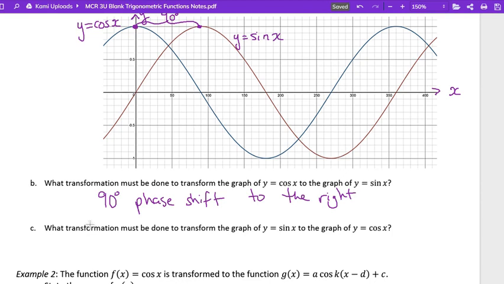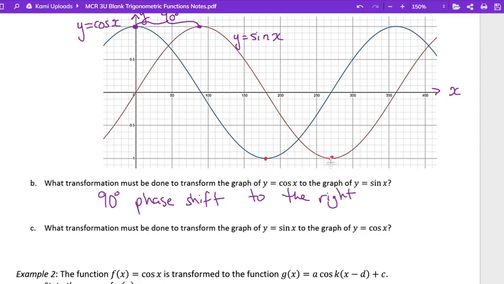Very similarly, which transformation must be done to transform the graph of y equals sine x to the graph of y equals cos x? So now sine wants to be cos, right? I'm going to choose a different point. I might choose a valley or a trough.